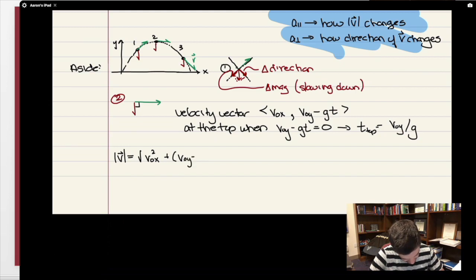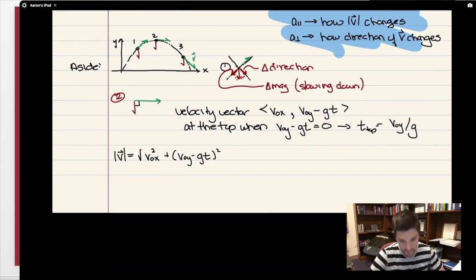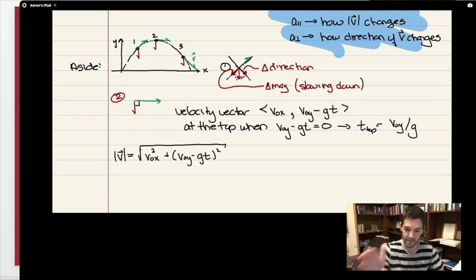So I can easily just calculate the magnitude of that vector. This would be the speed at any point along the path. Just give me a time, I'll plug that in, and that tells me the speed. Again, notice if you plug in t top, as I called it, this just becomes the horizontal velocity component, because that thing in parentheses goes to zero.